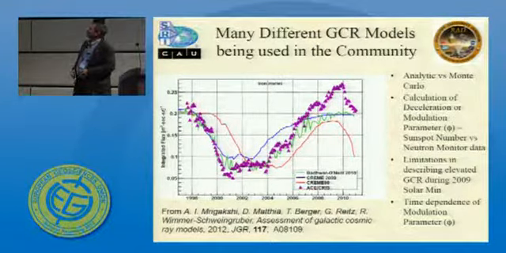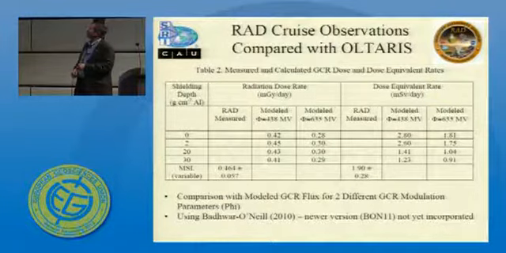Here's the modeling that we did. Here are the results we have for the radiation dose inside MSL and the dose equivalent inside MSL compared to different models from the Ulteris website, which is a NASA operated website to model the radiation environment.